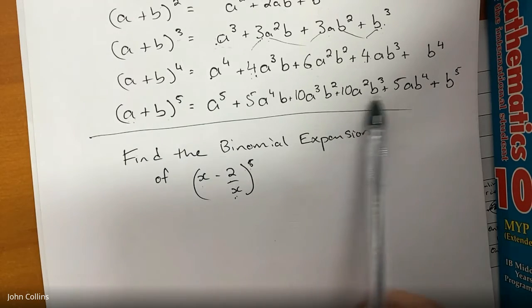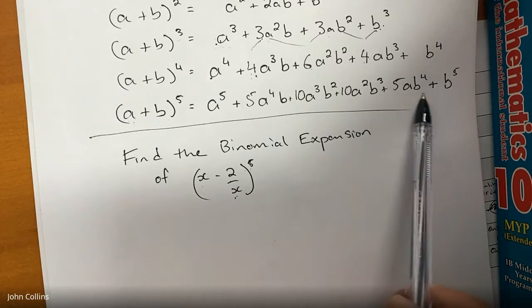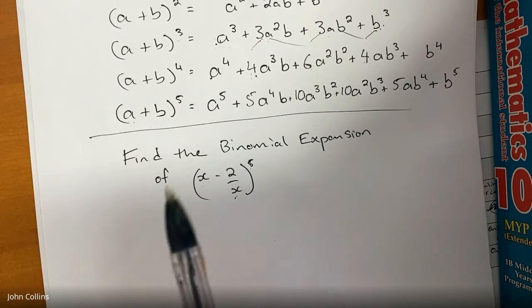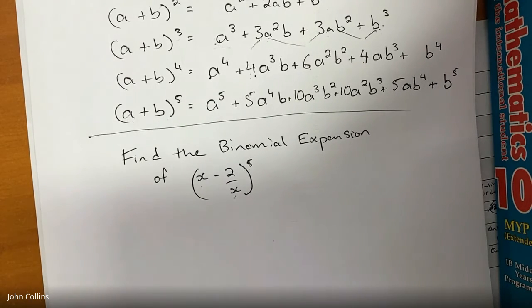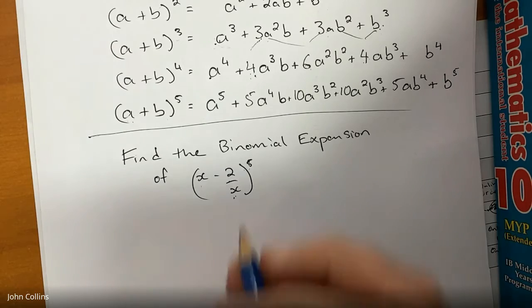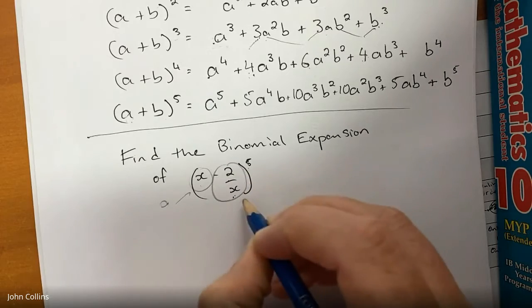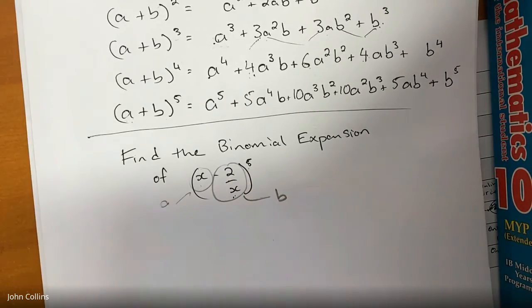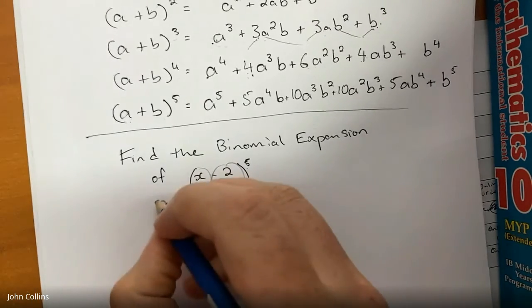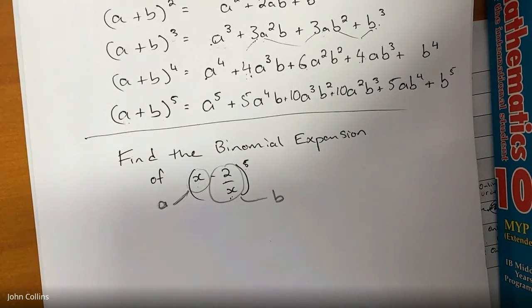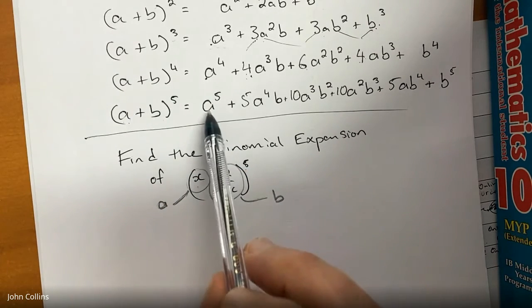It's going to look similar to this expansion, but instead of a, every time I'm going to put in x. So this x will become a, and negative 2 divided by x is going to be b, just in this expansion. That's my first step.